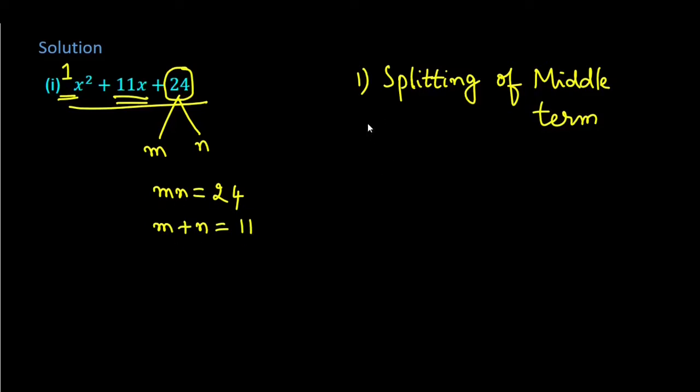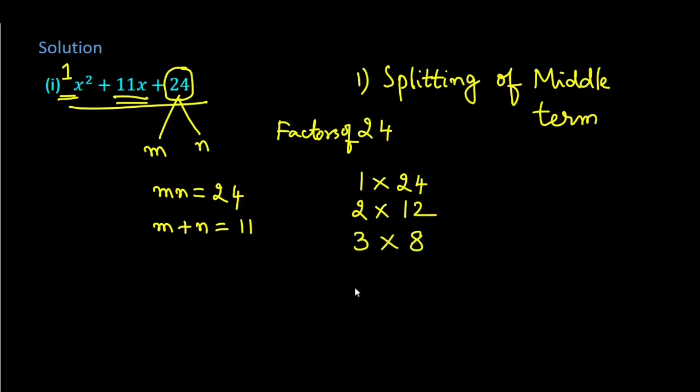First let us find factors of 24. 1 into 24, 2 into 12, 3 into 8, 4 into 6. Then it is not divisible by 5. 24 is not divisible by 5.